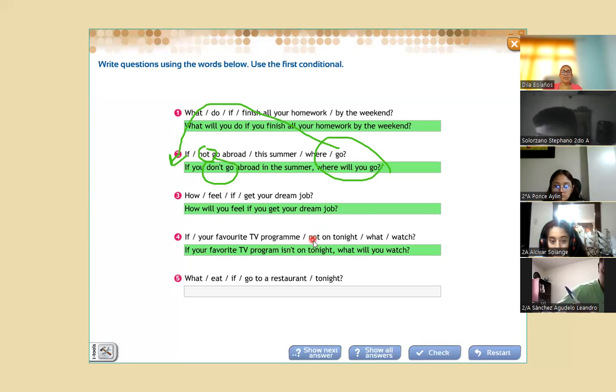In this case, it's not on tonight, you don't have a verb, that's the reason why you use the verb to be to form the present simple, so you say isn't on tonight. What will you watch? Or vice versa: What will you watch if your favorite TV program isn't on tonight? You can move the order of this, okay? Thank you. Correct the errors, everybody, please.